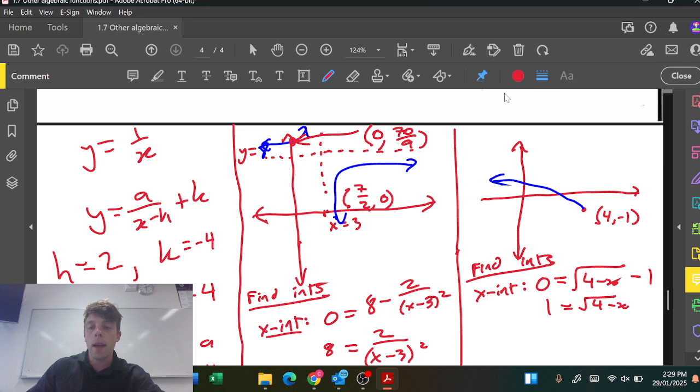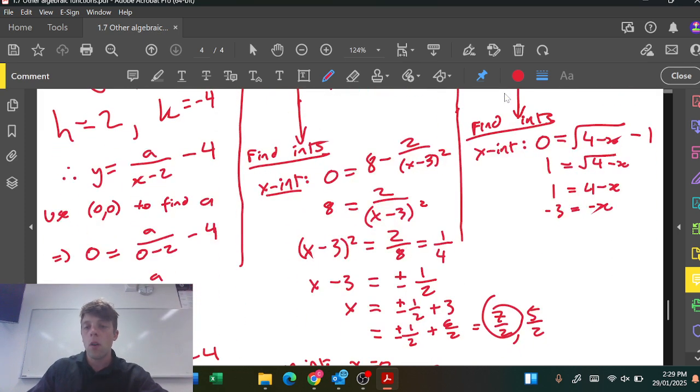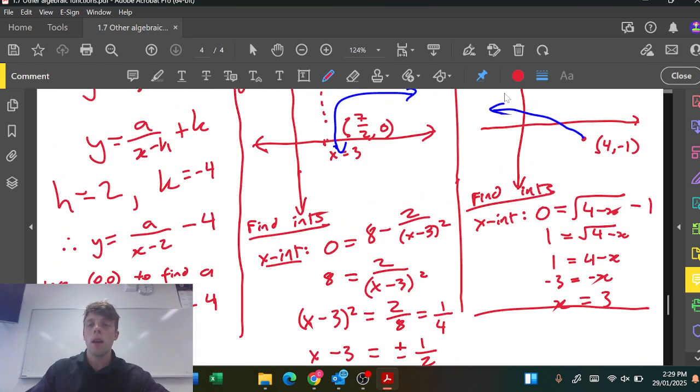Square both sides, we have 1 equals 4 minus x. Then minus 4 from both sides, we have -3 equals -x. Now make both sides positive, x is equal to 3. Okay, so we have x-intercept at x equals 3. Looks about right.